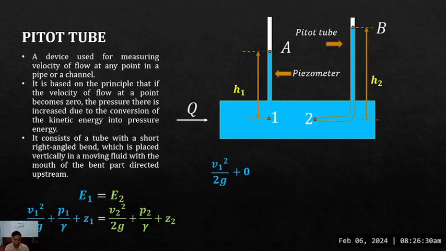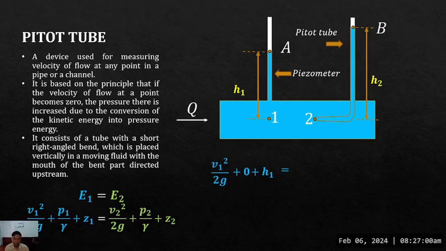And then yung pressure head, assuming na yung piezometer at point A is open to the atmosphere, so pressure head there would be 0. And then yung elevation head natin, assuming na yung datum line natin would be yung nasa gitna ng tube natin, so yung elevation head sa point 1 is H1, equals velocity head sa point 2.